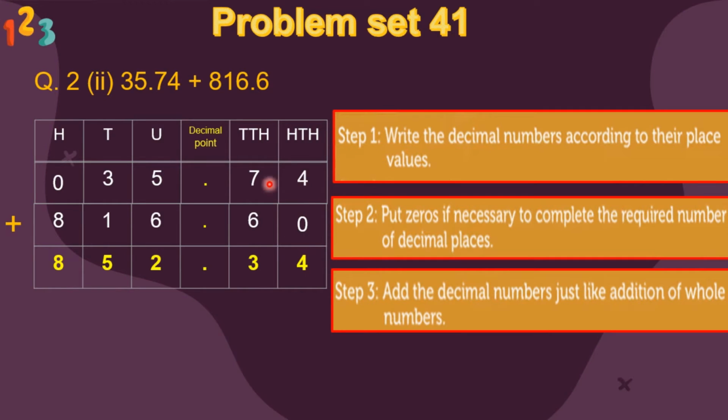So we keep the 3 in this column and carry 1 over to the next column. Now we add 5 plus 1 plus 6, which is equal to 12. So 2 will be in the units column and 1 is carried over to the tens column. 3 plus 1 plus 1 is equal to 5, and 0 plus 8 is equal to 8.